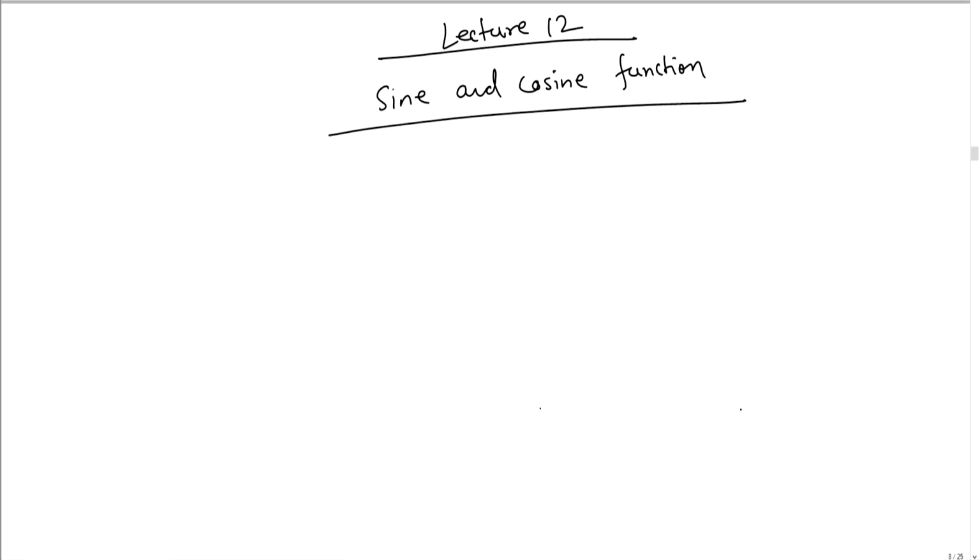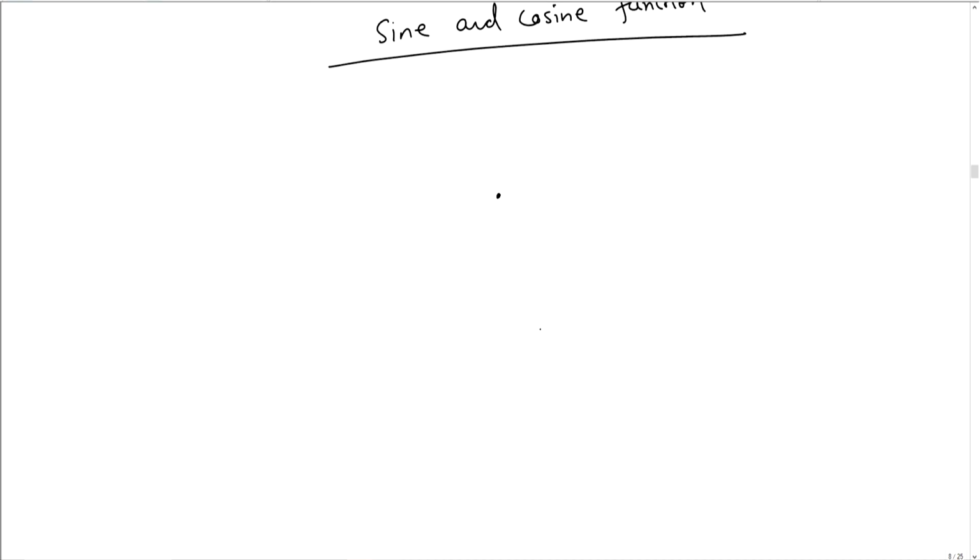Okay. So, just to recap, let us say there is a ladder with fixed end O and a free end P, and let us say you rotate this ladder in anti-clockwise direction. Let us say after some time the ladder reaches this position.